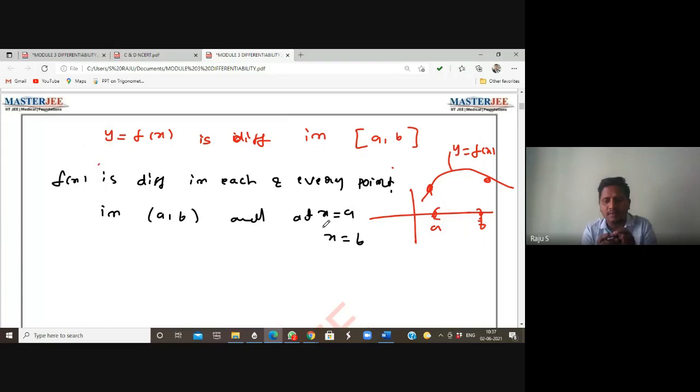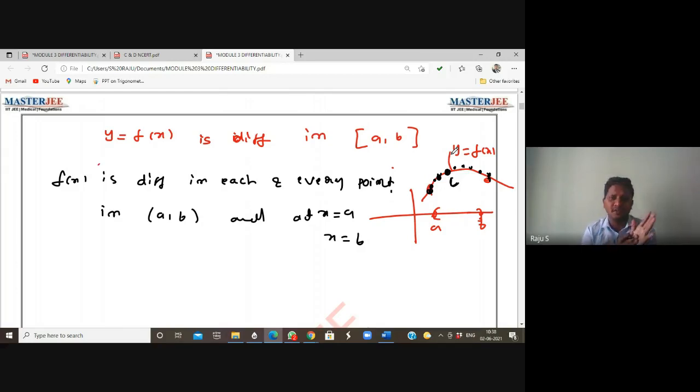So closed interval means it is differentiable at each and every point in the given interval. If you take any point in between, like this point C, C lies between A and B. At C, the left hand derivative must be equal to the right hand derivative. If you find the left hand derivative at C and the right hand derivative at C, both must be equal, both must coincide.